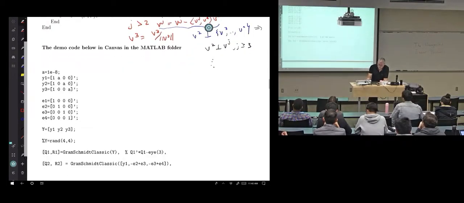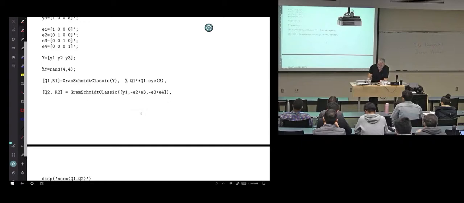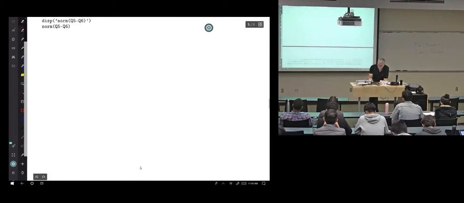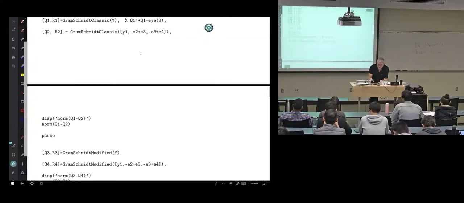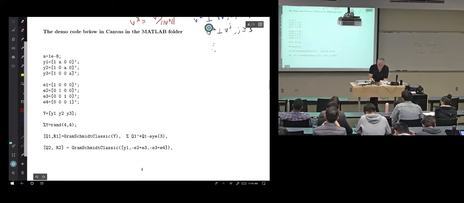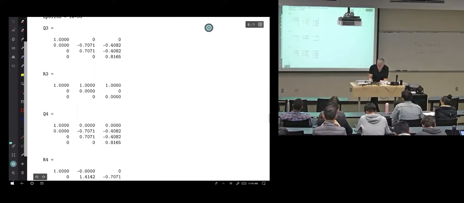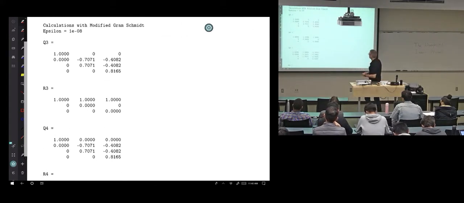And when you do that, even when you're using 10 to the minus 8 and stuff like that, the algorithm produces exactly the right thing. Okay, so here's the orthogonal vectors for these very terribly conditioned components.